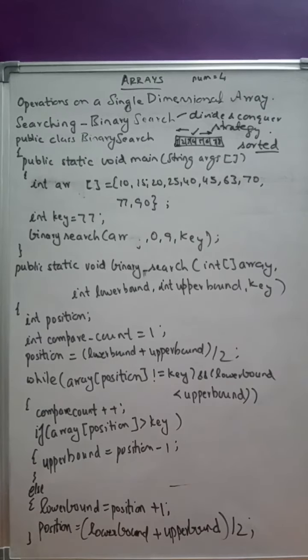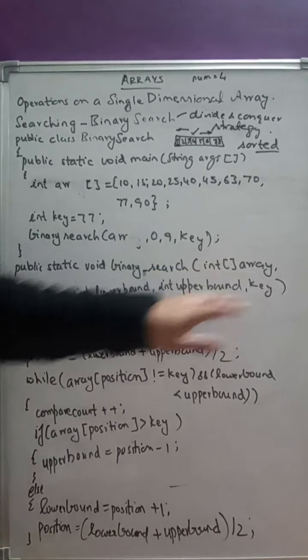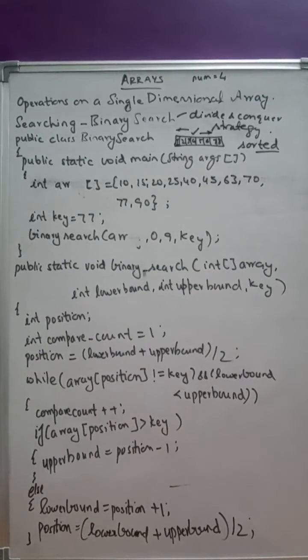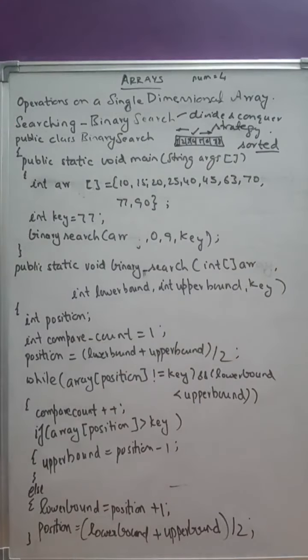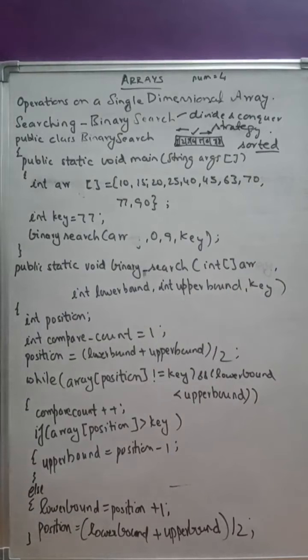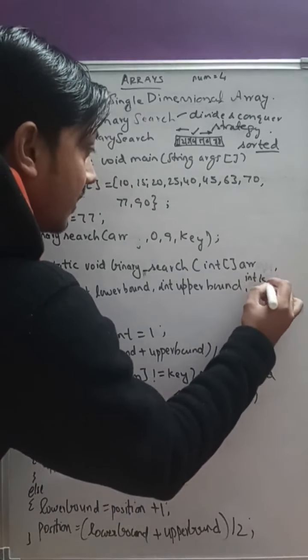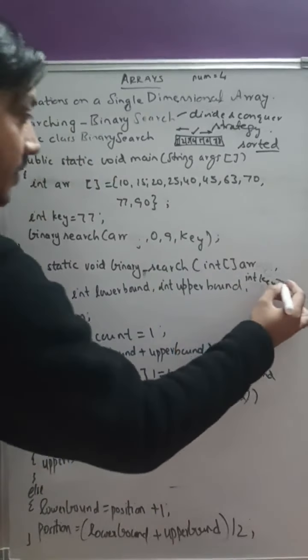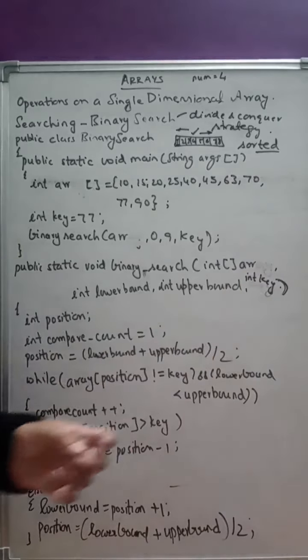Here we take the array as input, and then we take the lower bound, the upper bound, and the key of the element. The data type over here is missing, so I will correct this: it is int key. This key we have to search.